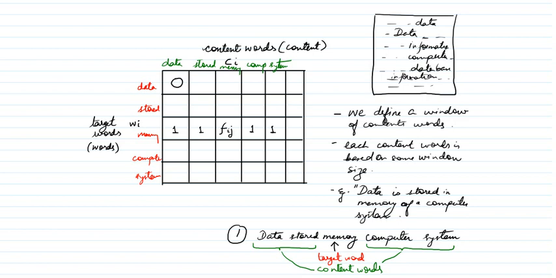So this I am doing with a co-occurrence matrix with window size plus minus 2. Now if I would have taken the window size plus minus 1, then data would not have been the context and system would not have been the context, right? But I'm taking the context size as plus minus 2.